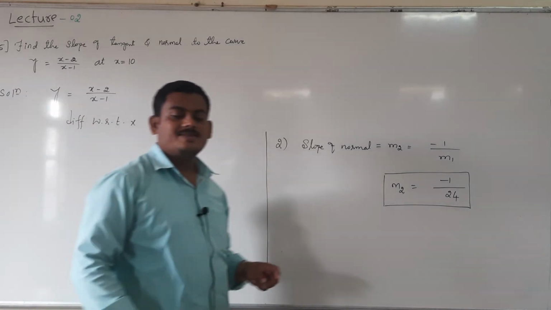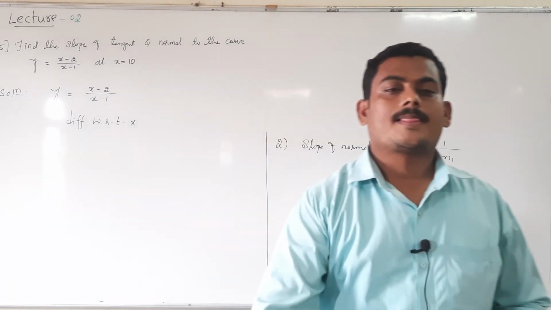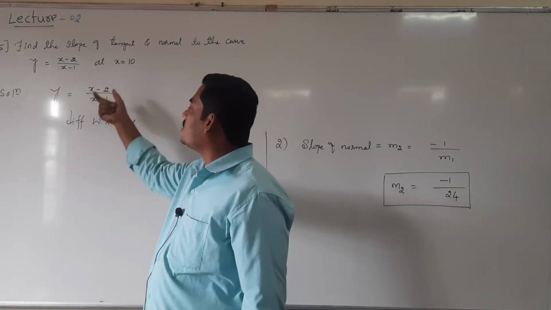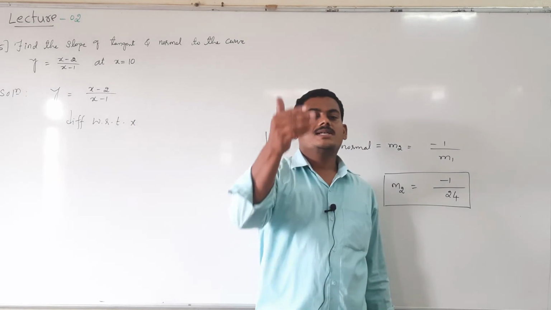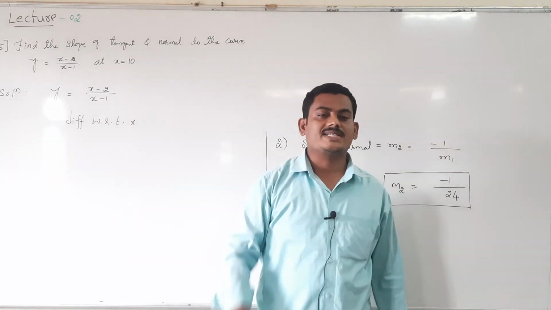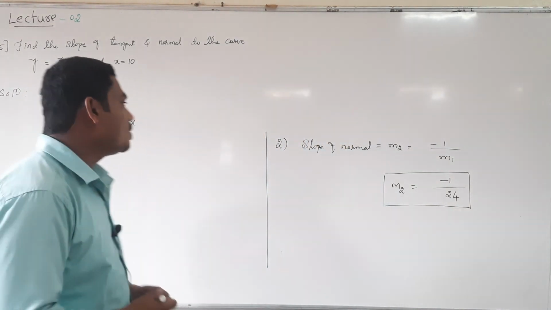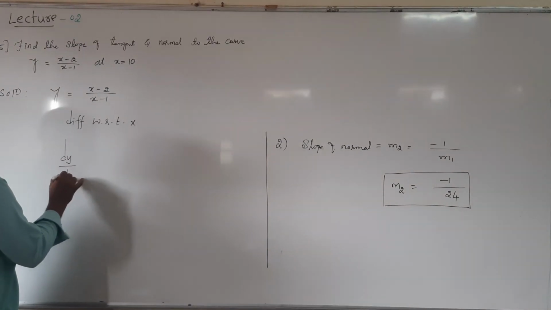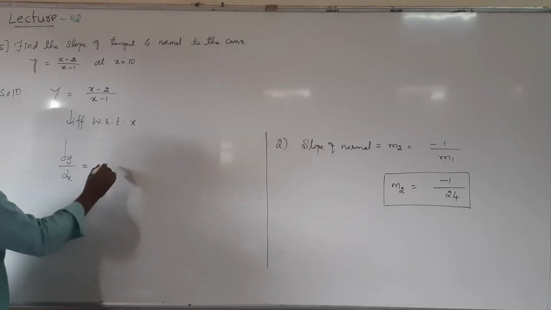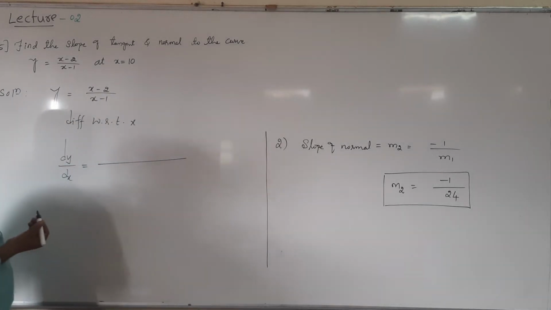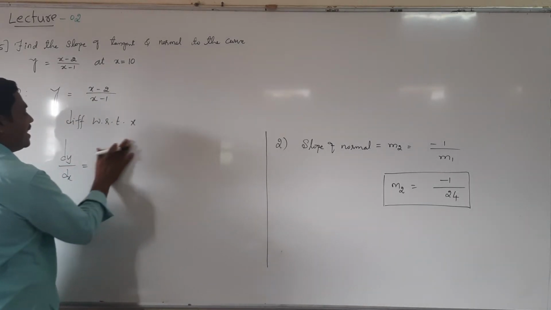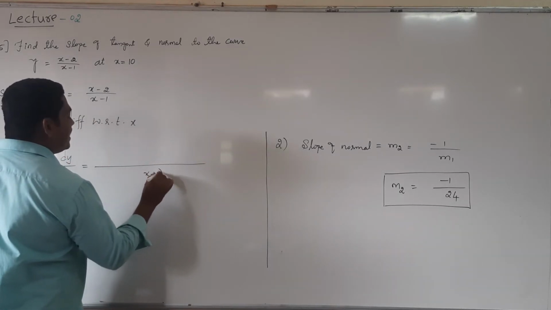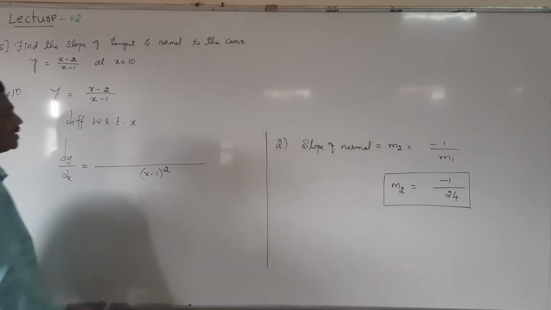How to differentiate this function, x minus 2 divided by x minus 1? Clearly a quotient is given, so just use the quotient rule. According to the quotient rule, dy by dx equals denominator whole square in the denominator. What is our denominator? X minus 1 whole square.